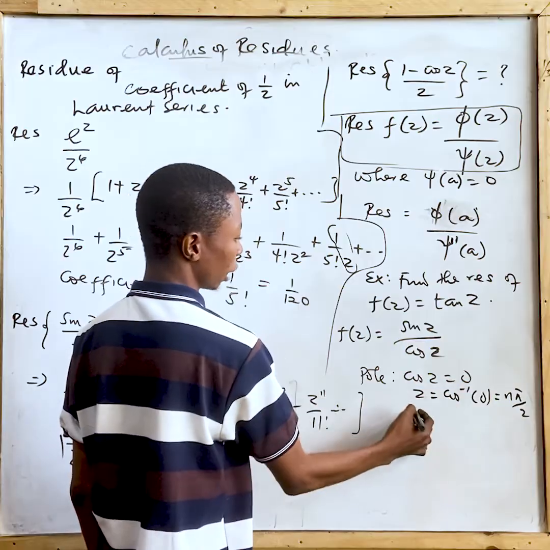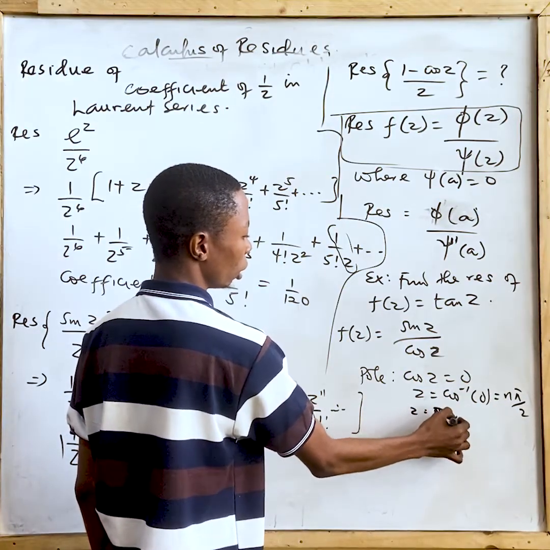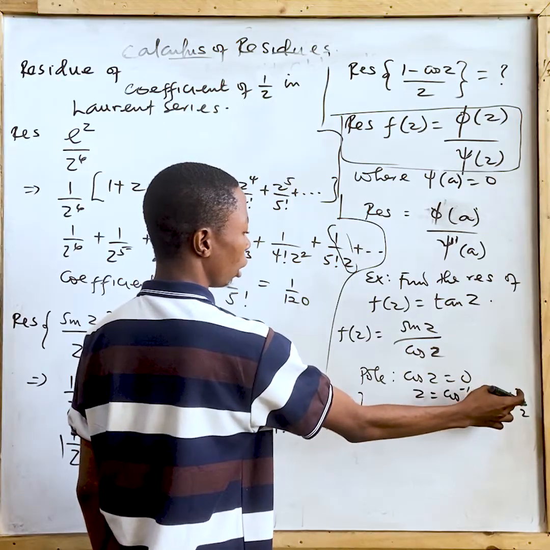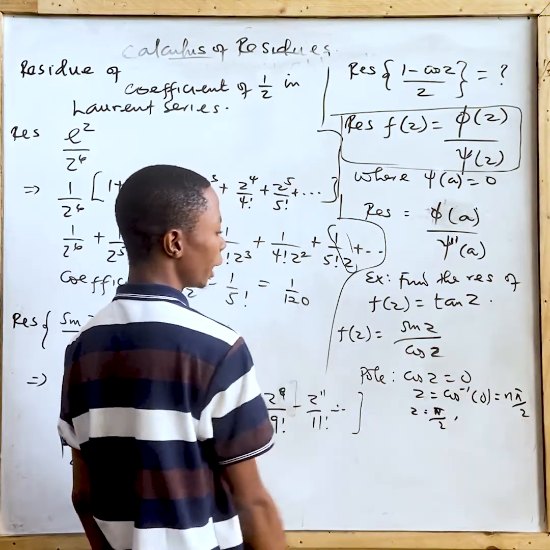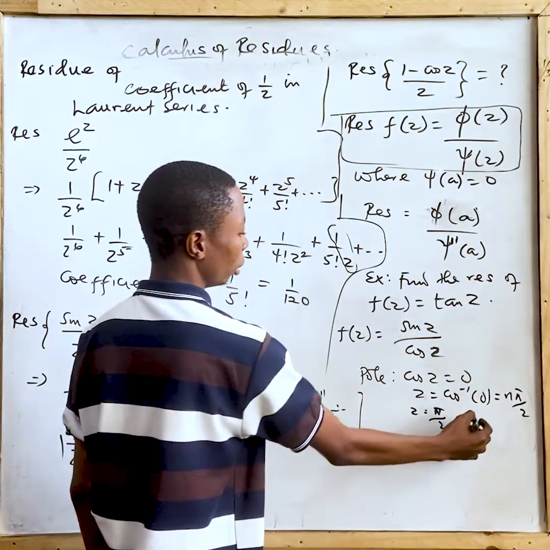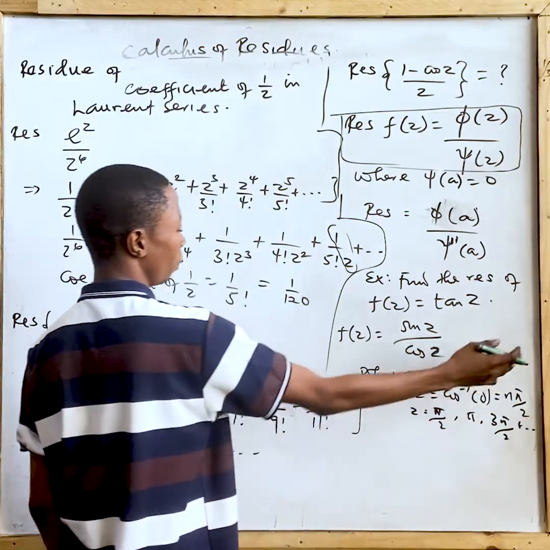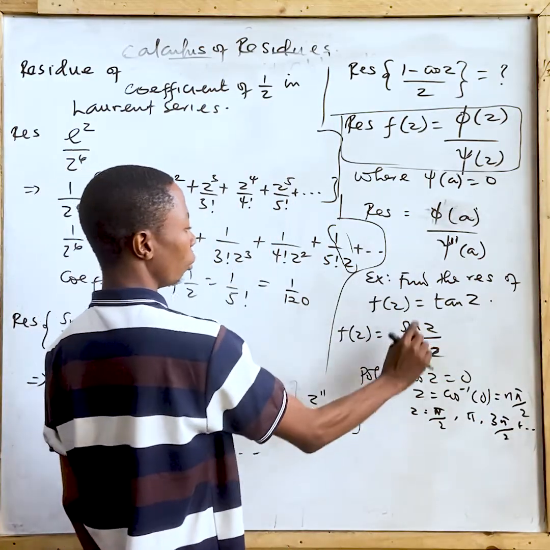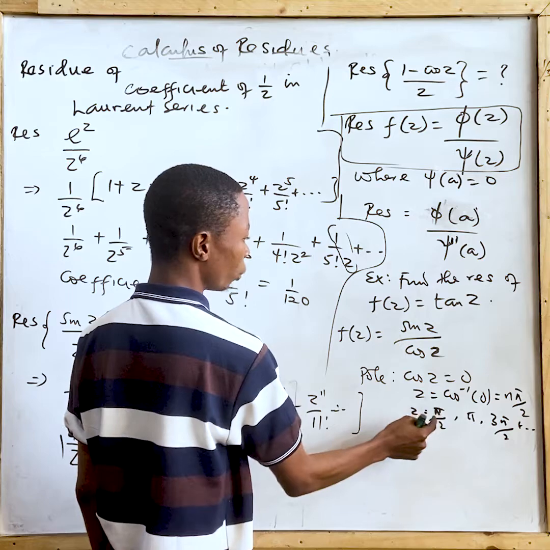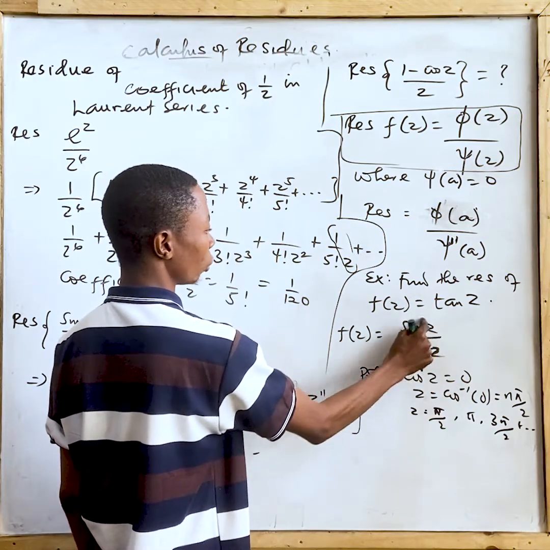So when n is 1, my pole will be at pi over 2. When n is 2, it will be pi. When n is 3, it will be 3 pi over 2. So these are my poles. I will now put one of the poles here, let's say pi over 2.